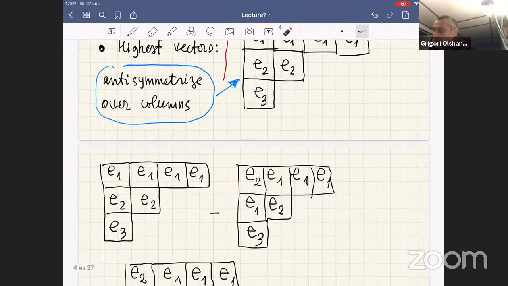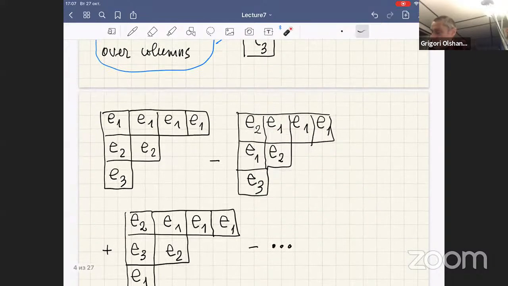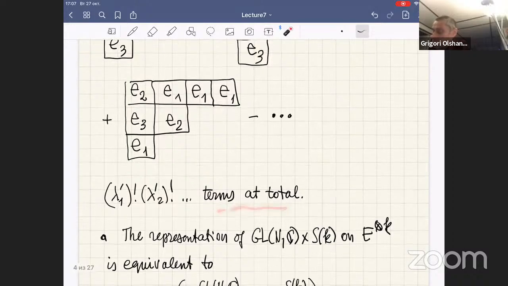We start with antisymmetrization: we permute these two vectors with sign minus, and then we further permute these two vectors and get these vectors with sign plus, and so on. And in total, we get this number of summands.